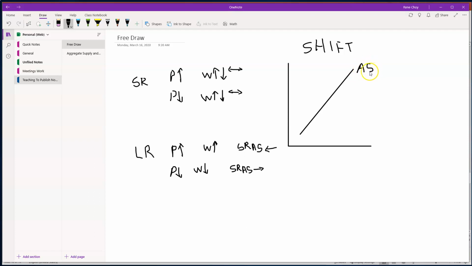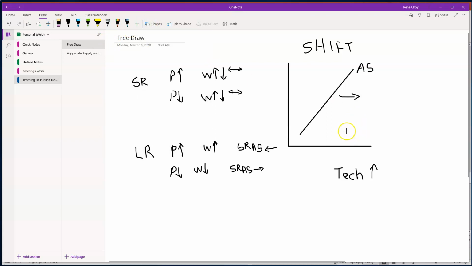An example of something that could create a shift in aggregate supply is a change in technology. If there's an increase in technological activity, in the sense that we discover some brand new technology that makes us more efficient, then the short-run aggregate supply shifts to the right.